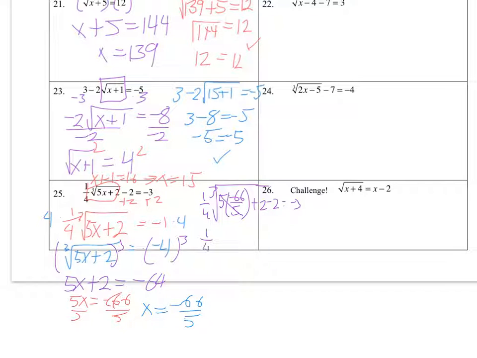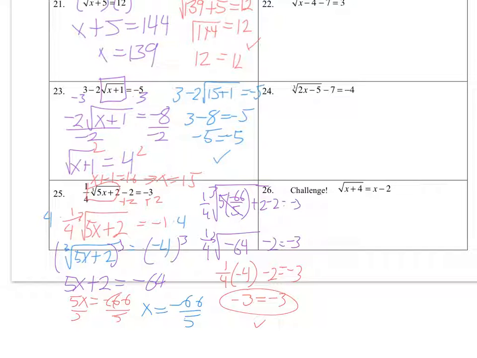I get 1/4 the cube root of negative 66 plus 2, which is negative 64, minus 2 is equal to negative 3. Cube root of negative 64, sorry. That's going to be 1/4 times negative 4, minus 2 equals negative 3. Negative 4 times a fourth is negative 1. Minus 2 is negative 3 equals negative 3. Nothing extraneous there either.